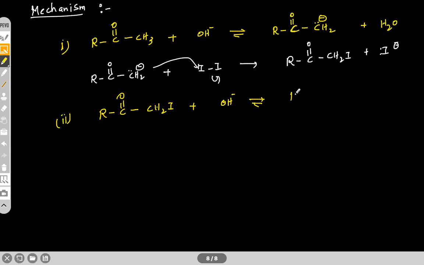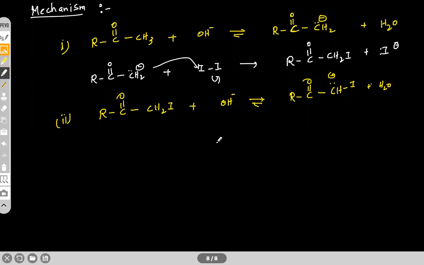It converts into R-C double bond O-CHI negative charge, plus we get H2O. Oh, what did I write? Not I2 we won't get here, CHI. I2 we get in the next step.